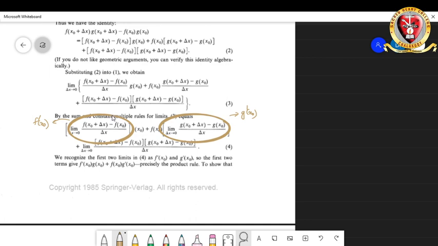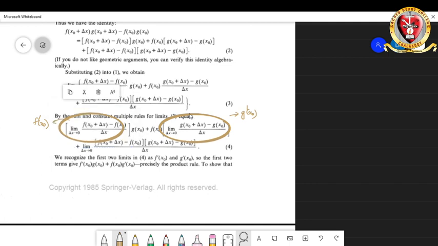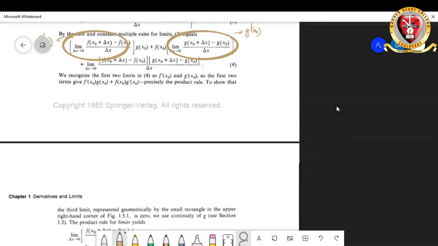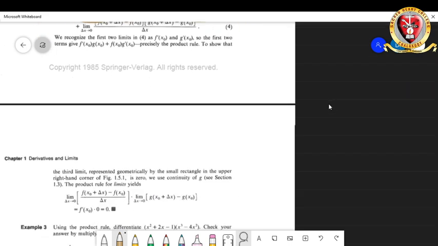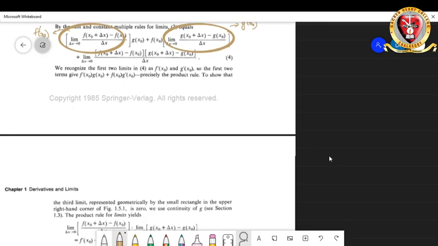So this is actually f dash of x naught multiplied by g of x naught, and f of x naught multiplied by g dash of x naught, plus the third term. Now taking the first two terms, you obtain f dash of x naught, g of x naught plus f of x naught into g dash of x naught. Okay. Now we have to think about the third limit.